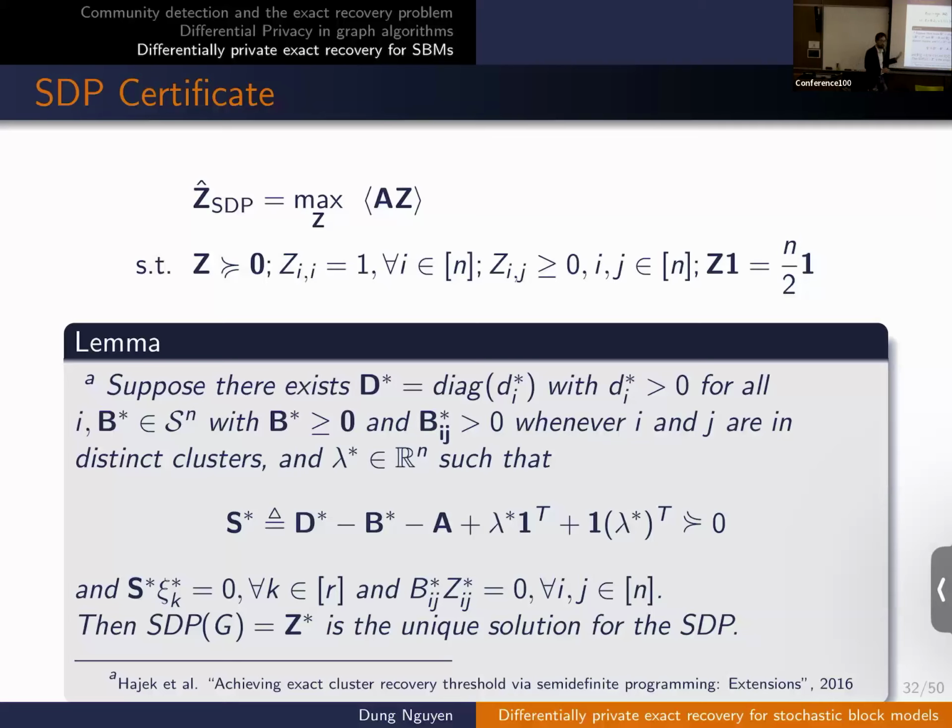And we can just use this result as a black box. This will be very important to the talk. So this certificate here guarantees that the SDP outputs the ground truth as the optimal and unique optimal solution.